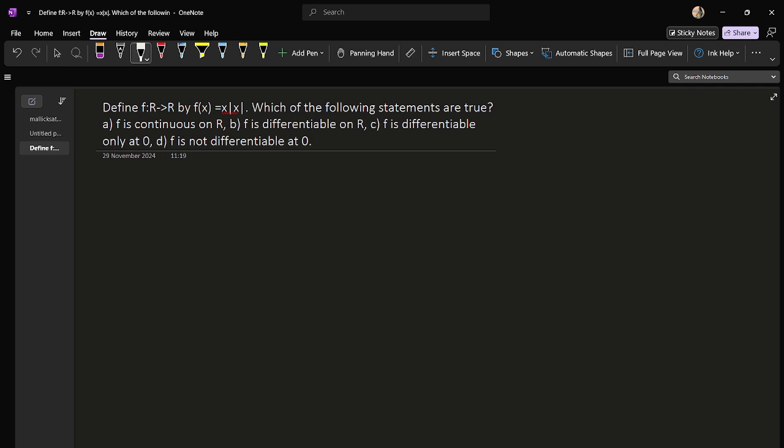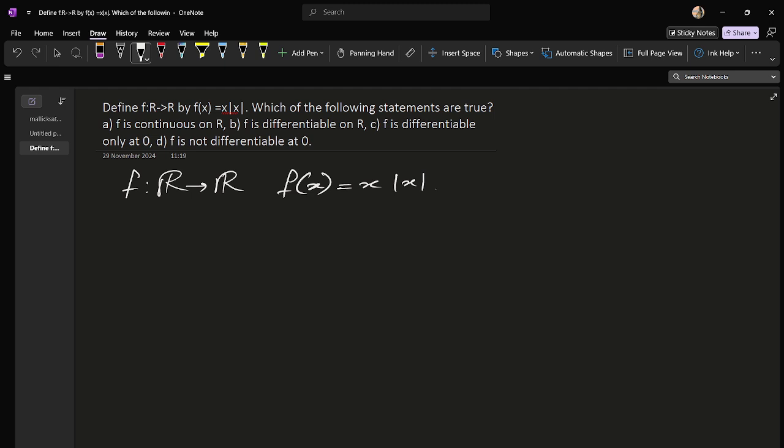This question arrived in our 2024 June paper, and the question is telling us to define f from R to R. I am writing that below. So our f from real to real is a function defined by f(x) = x|x|.